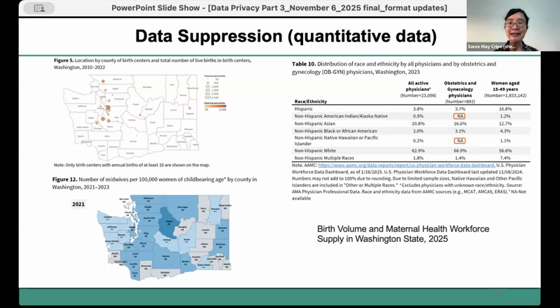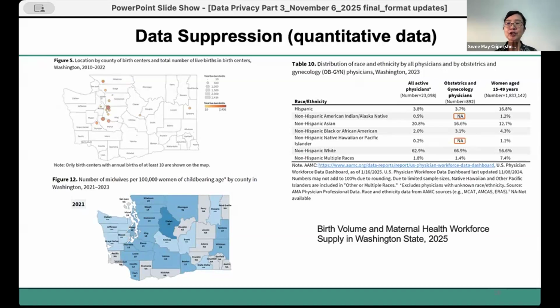As you can see, there are 2 entries that are NA. This is where the information is suppressed due to small numbers. So again, we show that we're not showing the exact number or the exact percentage. However, we're acknowledging that the numbers are low, and this has policy implications.